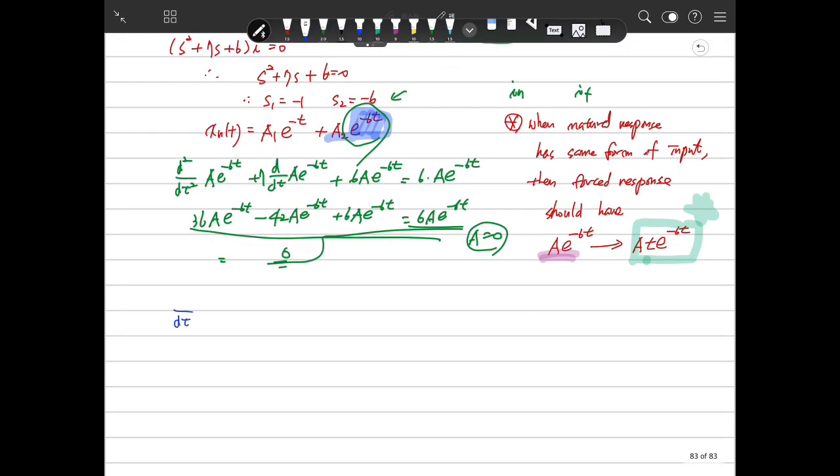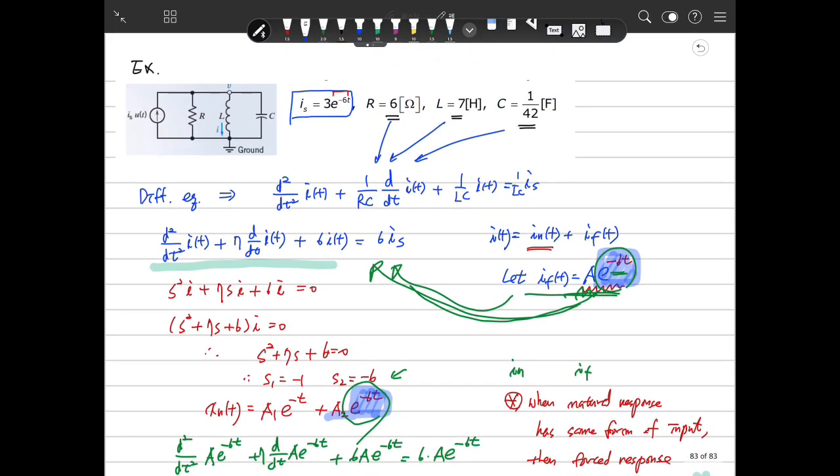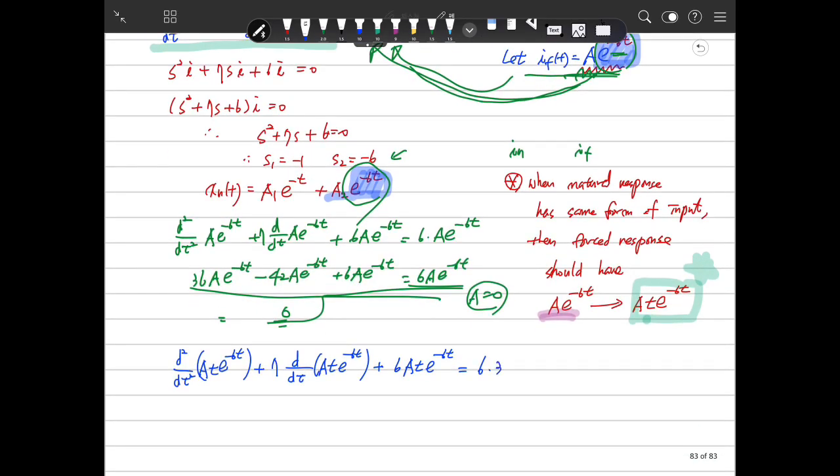Then d squared/dt squared of A t exponential minus 6t plus 7 d/dt of A t exponential minus 6t plus 6 A t exponential minus 6t equals 6 times IS, which is 3, so 6 and 3, exponential minus 6t in the case here.